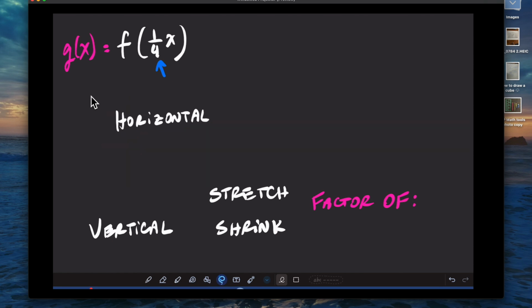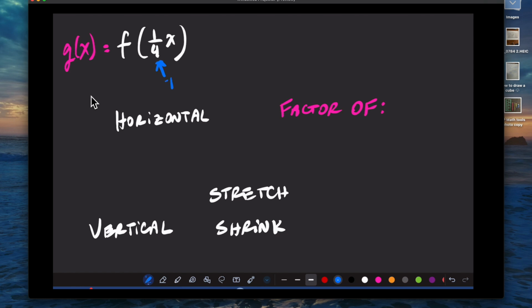The next thing is factor of guy, and the way we figure out factor of guy is we take the inside guy, move it to factor of guy, and take the reciprocal. So it becomes 4. Finally, we figure out what goes in this gap, stretch or shrink. As I spoke about in the previous slide, because this factor is greater than 1, it has to be a stretch.